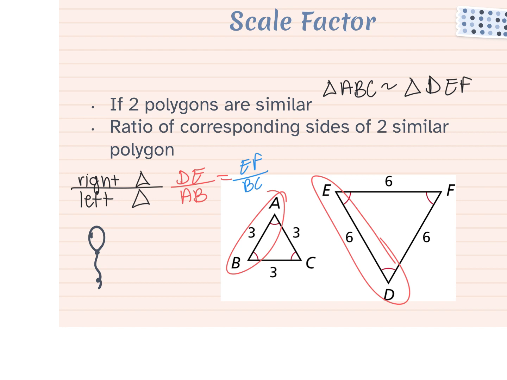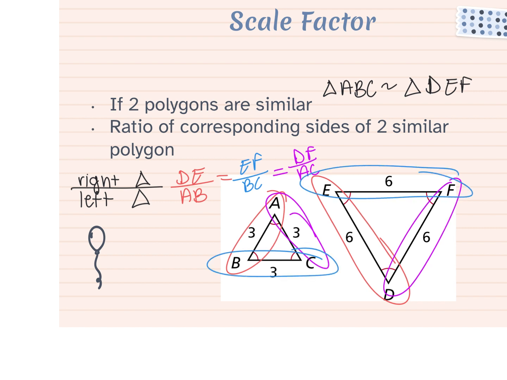I want you to write it with the right image on top and the left image on the bottom, just so we all get the same answer, because if we switch them, they're going to be different. Then we have DF and AC, and BC and EF.